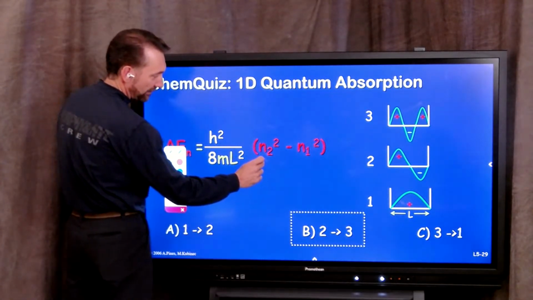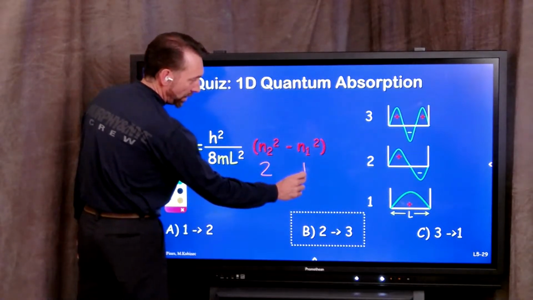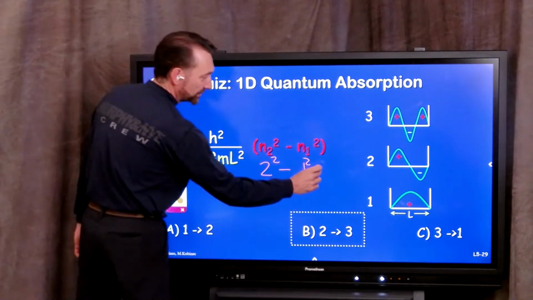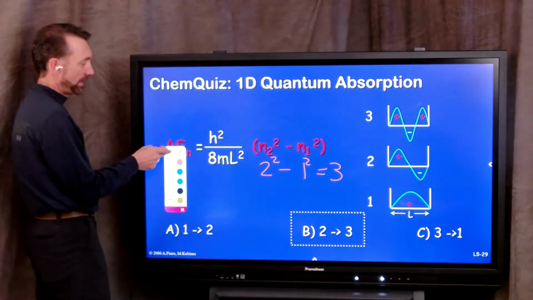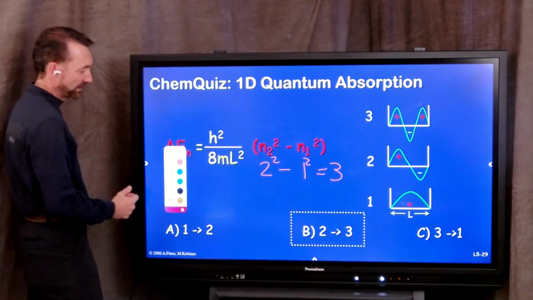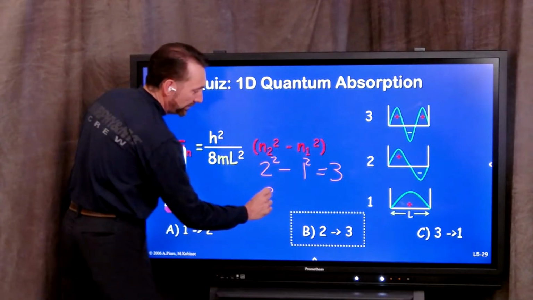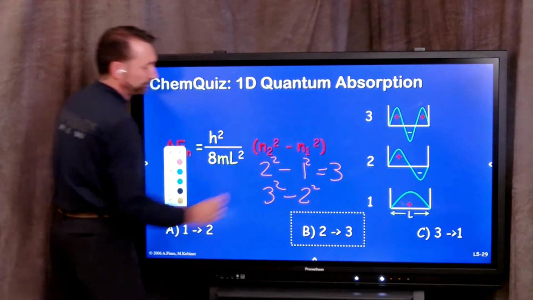So if I have n equal 2 going to n equal 1, I have to square those two things. So that's 4 minus 1. So that's 3 energy units. If I go 3 to 2, then I have 3 squared minus 2 squared.